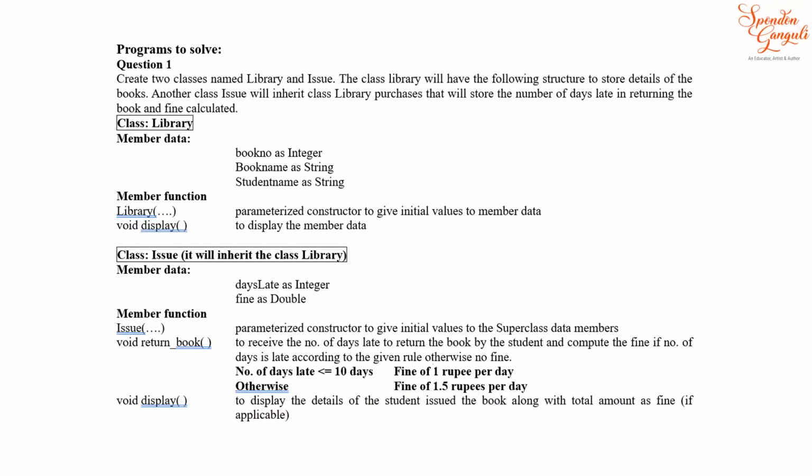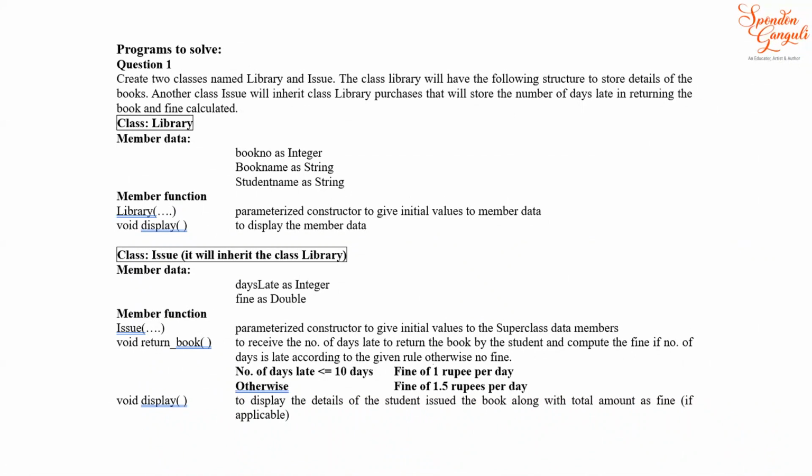Here you have to keep one thing in mind. If the base class does not have any constructor or has a default constructor, the child class may or may not have a constructor. But if the base class or the parent class has a parameterized constructor, the child class must have a parameterized constructor, which will be used to initialize the base class data members through the constructor invocation.